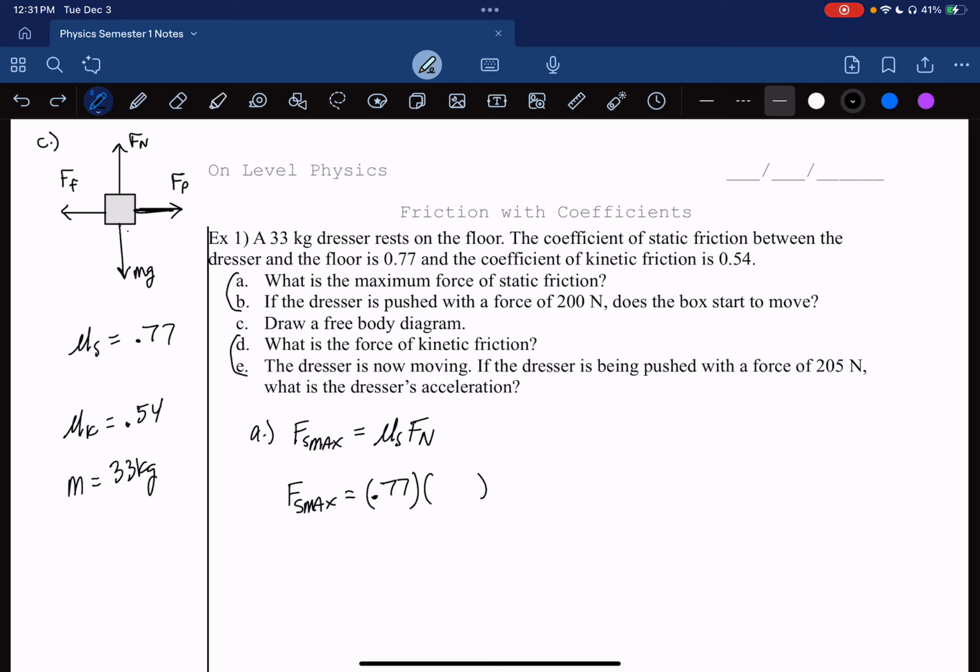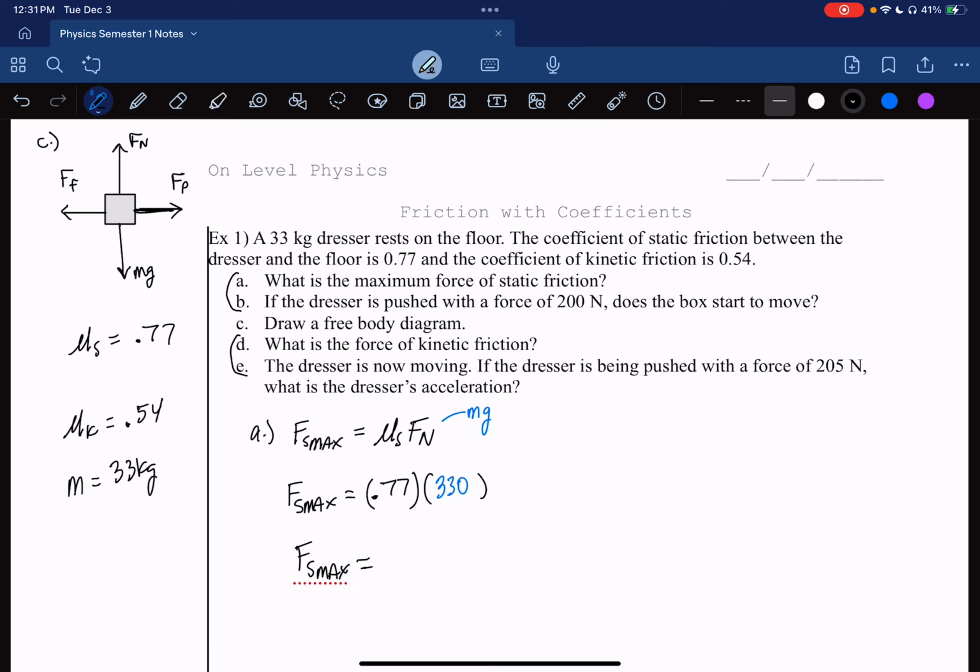Because the object is not accelerating up or down, it's just a dresser in your bedroom, Fn will be equal to mg. And that's something that for this assignment we're just going to always use. So we take the mass, 33 times g, that's 10, so that's 330.